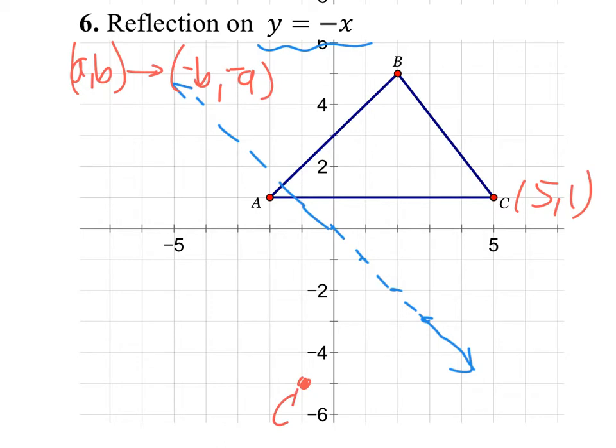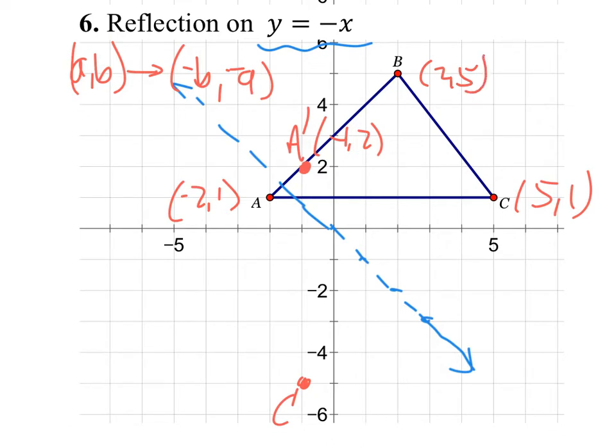And then A prime, well, A was at negative 2, 1. So it's going to be right over here. And that's going to be at 1, negative 2. Okay, so these flipped and became opposite to become 1, negative 2. And then last but not least, this B point here, which looks like it's at 2, 5, well, they're going to flip.